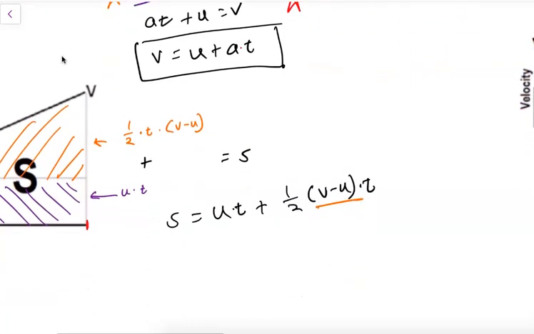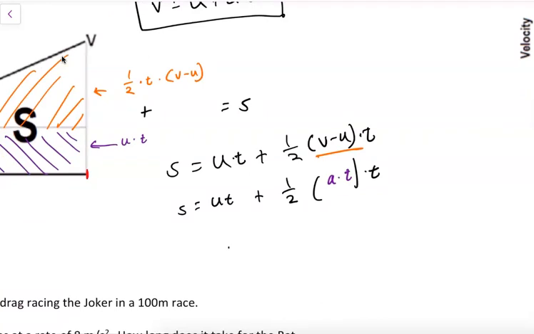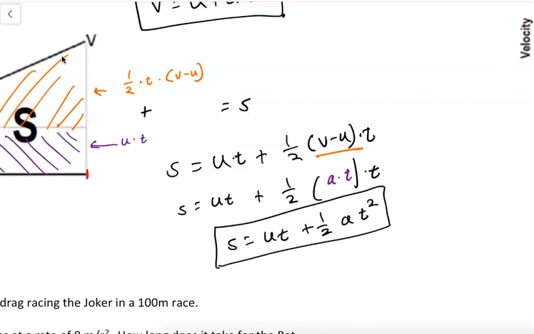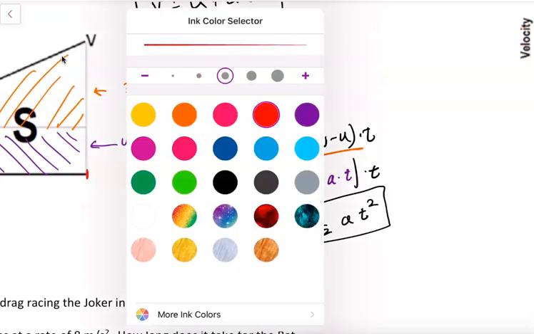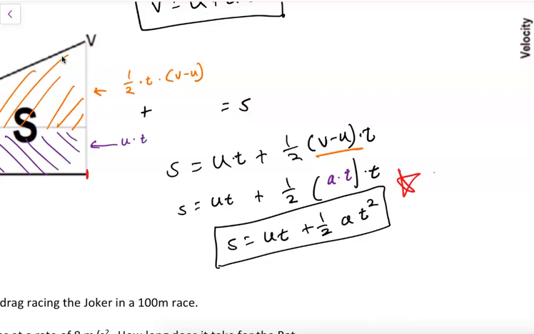So I'm going to change that to a times t, and the rest of the equation is the same. But this gives me my final equation. S equals ut plus 1/2 a times t squared. And this is the second equation we'll find. This is in your data booklet as well.